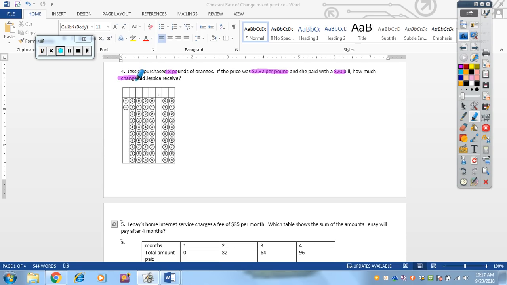And the question is how much change. That means you're subtracting. So you have $20 minus however much the oranges cost. You have to find out how much the oranges cost. She bought 8 pounds for $2.32 per pound. That is multiplying. So you're going to have to multiply and then subtract.